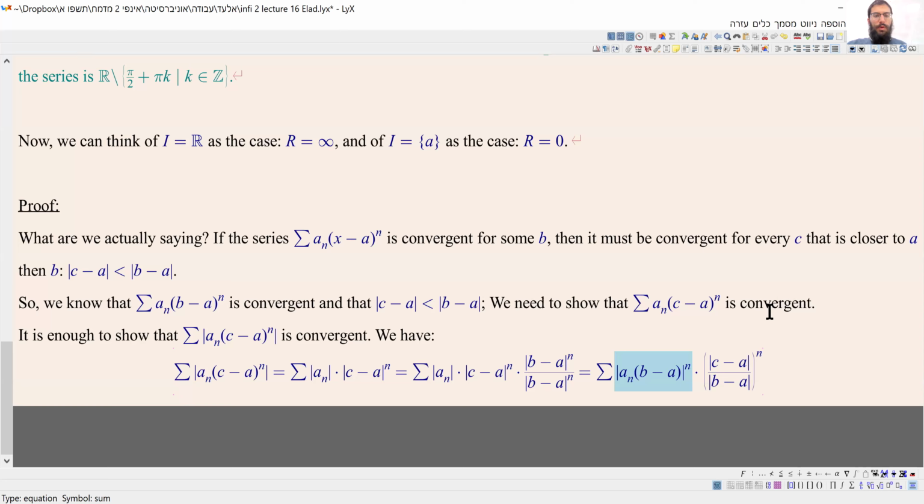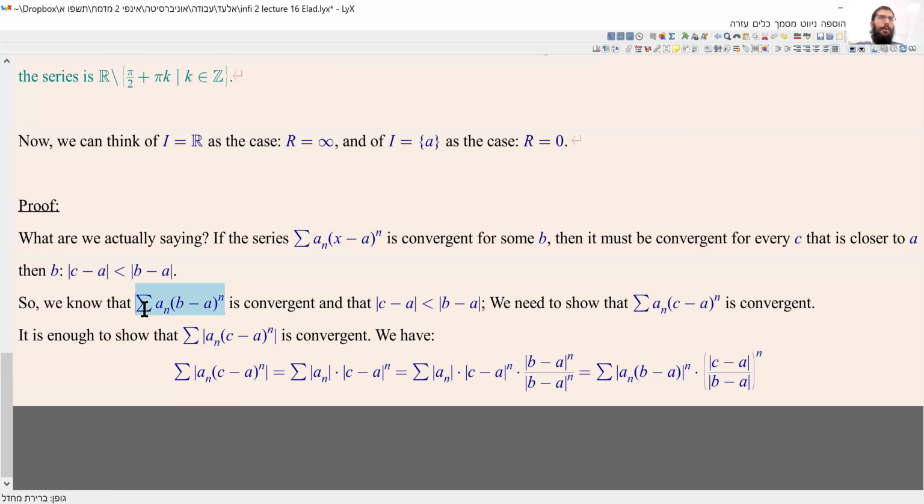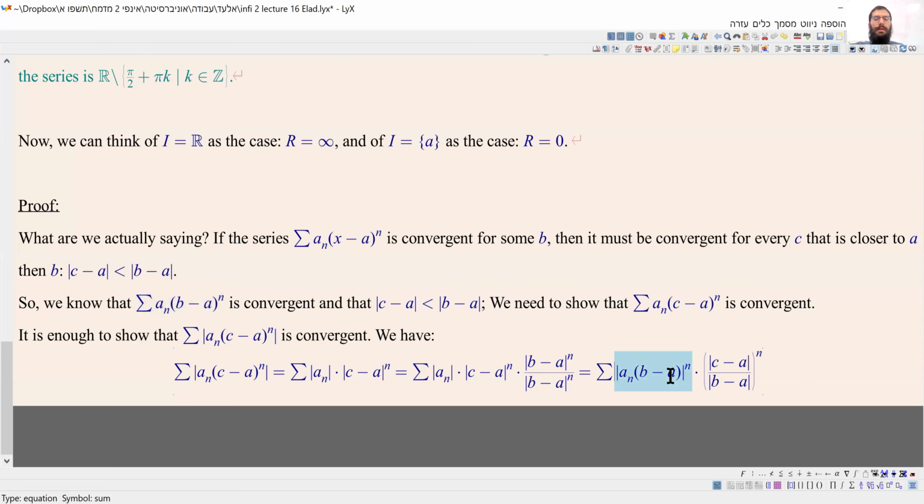We cannot say that the series of a_n times b minus a to the power of n in absolute value is convergent. We only know that it's convergent without the absolute value. But it is enough to know that as a sequence, not as a series, this sequence goes to 0.